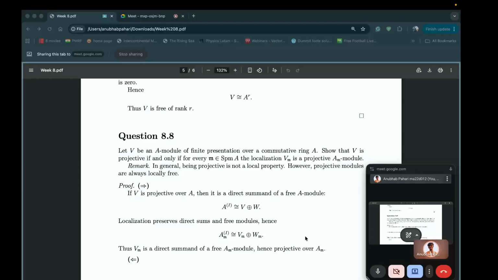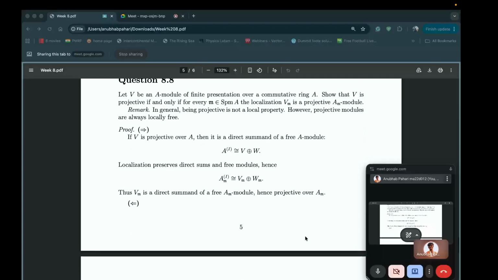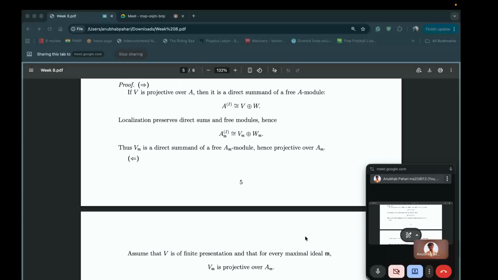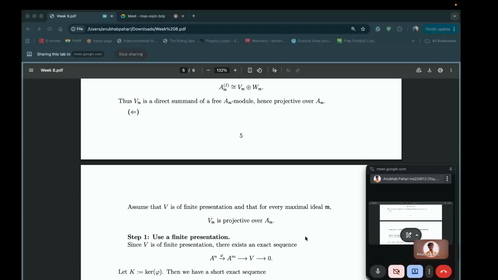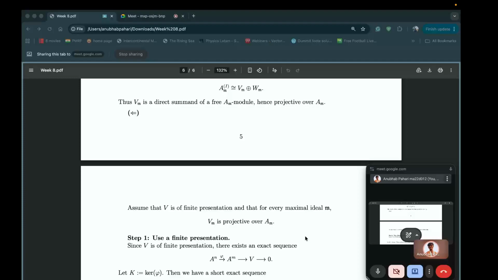Now localization preserves direct sums and free modules. Hence, A_m^I is isomorphic to V_m direct sum W_m. Thus, V_m is a direct summand of a free A_m-module, hence projective over A_m. Now, we will look into the opposite direction, which is the non-trivial part.